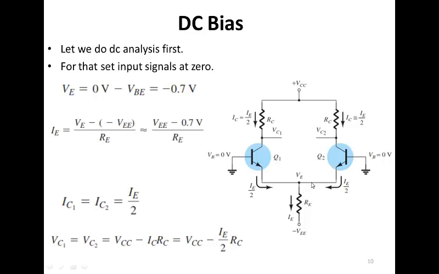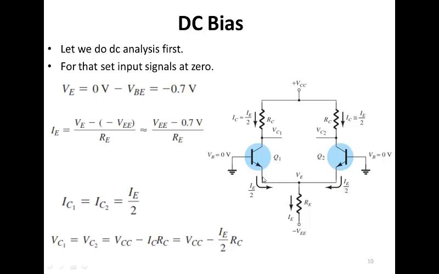IE by 2 would be in this branch and IE by 2 would be in this branch, so that IE by 2 plus IE by 2 becomes equal to IE. So these are the emitter currents of these two transistors: the emitter current of Q1 is IE by 2 and the emitter current of Q2 is also IE by 2.